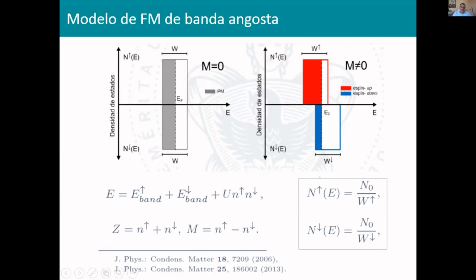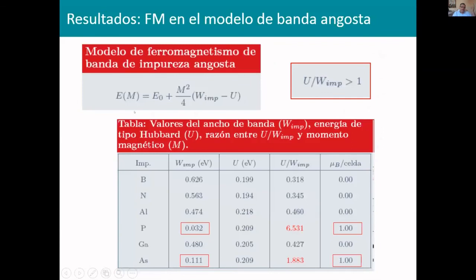In this case, the densities of states for the systems at the Fermi level are these values. And here theta represents the magnetization, n the number of electrons, and m the magnetization. This is the difference of the number of electrons spin up minus spin down. So after working with this model, we obtain this expression for the energy as a function of the magnetic moment.